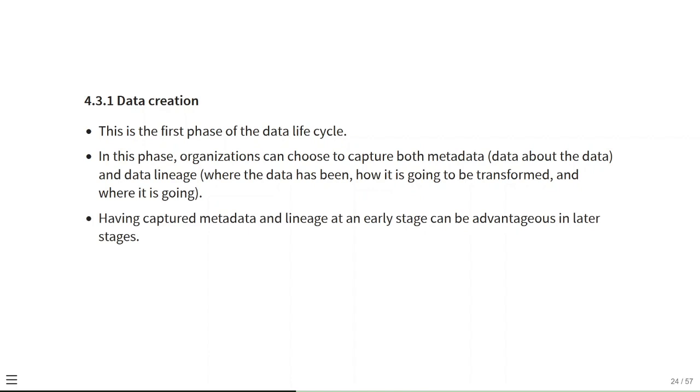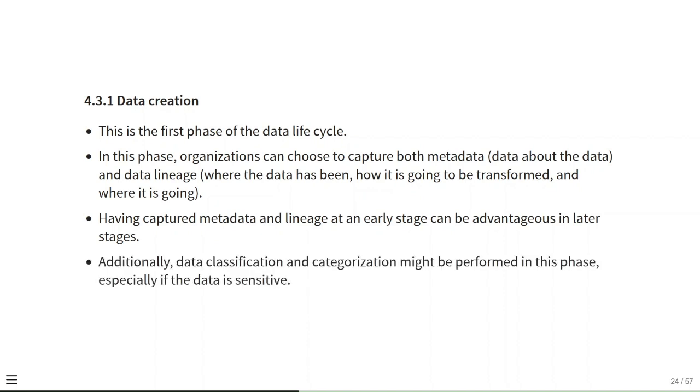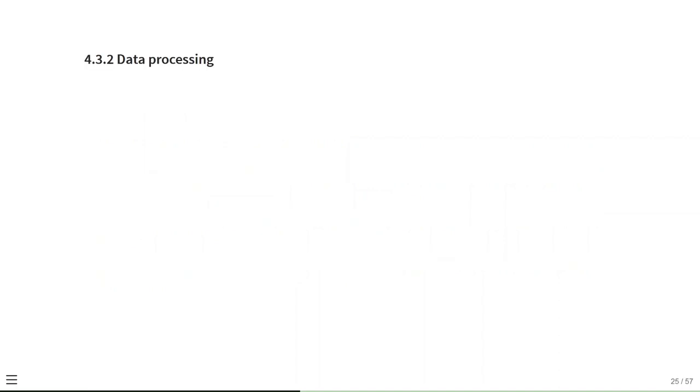Having captured metadata and lineage at an early stage can be advantageous in later stages. Additionally, data classification and categorization might be performed in this phase, especially if the data is sensitive.